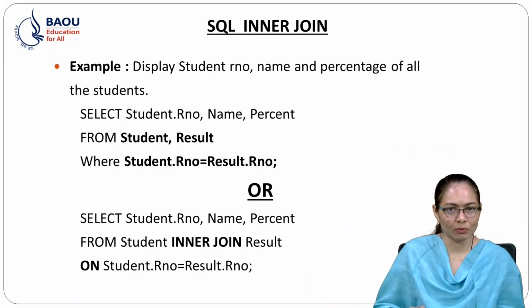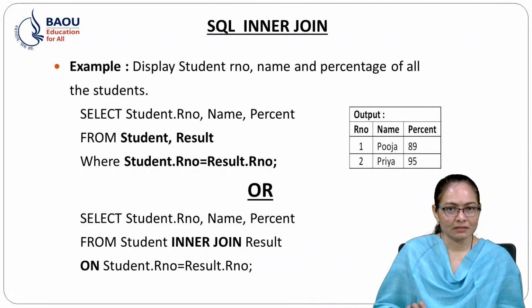Both the tables have roll number 1 and 2 records. Inner join returns the intersection of the tables. Now both the queries have the same output. See, the output of both the queries is shown in this table.